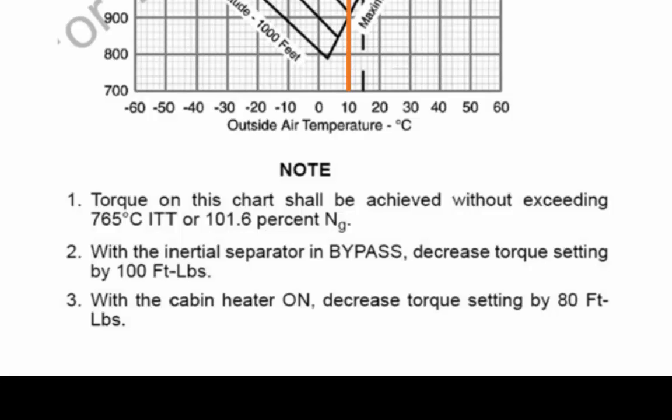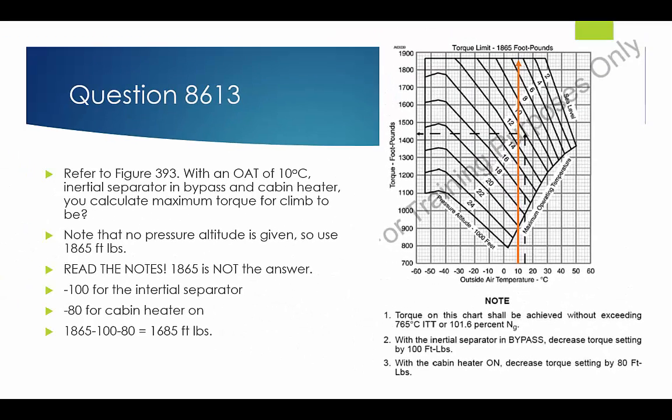Per the notes, we have to subtract 100 foot-pounds for that inertial separator being in bypass, and we have to subtract 80 foot-pounds for the cabin heater being on. 1,865 minus 100 minus 80 gives us 1,685 foot-pounds, which is the correct answer. This was a good example of a chart where it's very easy to miss the notes, ignore the notes, and get the answer wrong. We're going to see some more of those coming up.